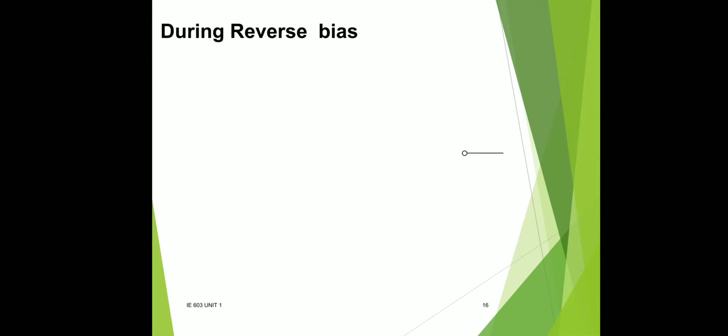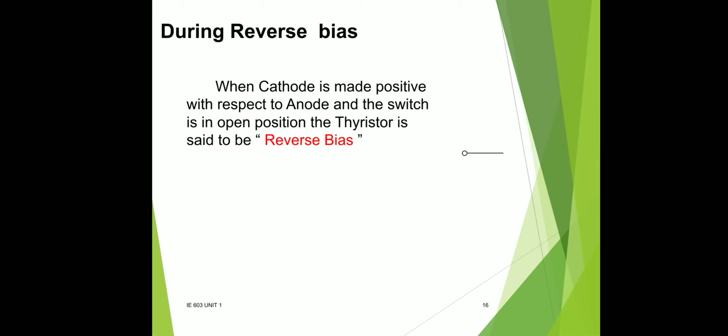Now, during the reverse bias. Reverse bias means when cathode is made positive with respect to anode, the switch is in the open position. That means the SCR thyristor is said to be reverse biased. Anode is negative now, cathode is positive. That means junctions J1, J3 are reverse biased, J2 is forward biased.